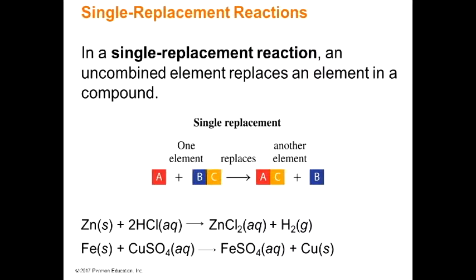Notice here, zinc in this case has a 0. Note this. Any element standing alone has a 0 charge. If it's an element, if it's in an elemental state, it has a 0 charge. Everything on the periodic table has a 0 charge. Got it? When it stands alone, it's a 0 charge.